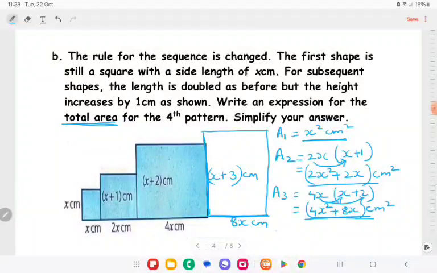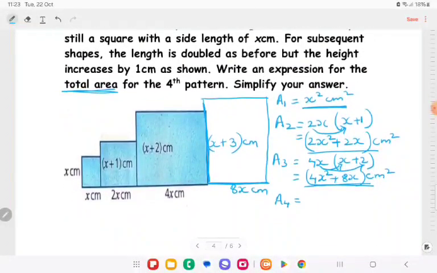And A4, your fourth one, is going to be 8x into x plus 3, which is going to be 8x square plus 24x.